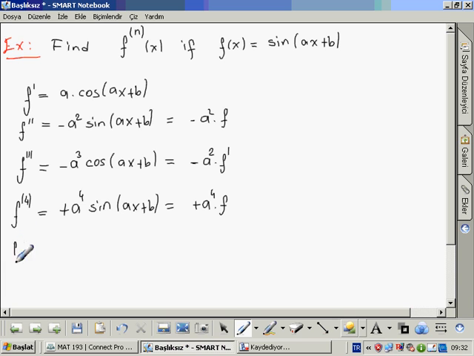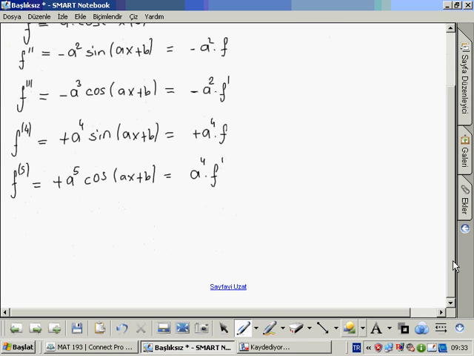And the fifth derivative will be plus a to the power of 5 cosine of ax plus b, so it's equal to a to the 4th power times f prime.